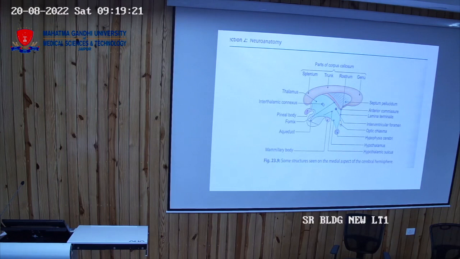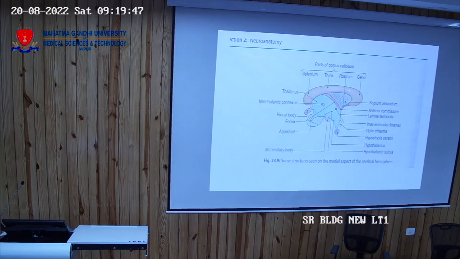This thing I have told you, the medial surface. In the medial surface, the thing which I want to tell you again, look here. This is the corpus callosum, the different parts, genu, trunk, splenium. And from the genu, it is continued downward by fibers. You can see these fibers continued downward to the anterior commissure.